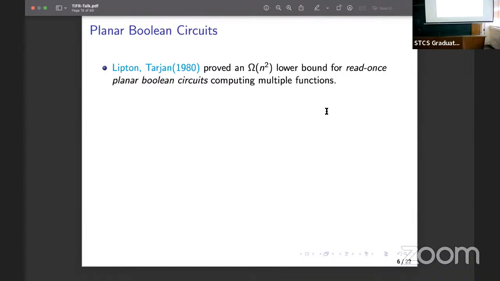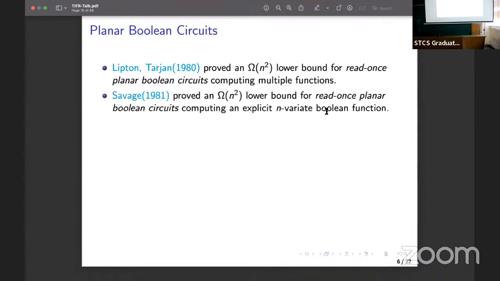But this lower bound is for multiple functions, in the sense that they compute n functions and they say the size has to be at least n squared, which is in some sense weak. You would want to say that there is one Boolean function on n variables such that the size is quadratic, and that's what Savage did as an improvement in 1981: an n squared lower bound for read-once planar circuits computing one explicit function.